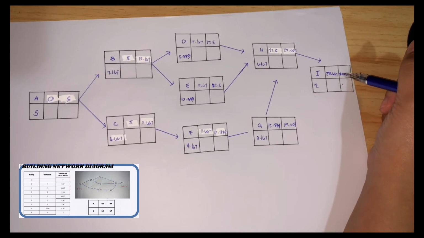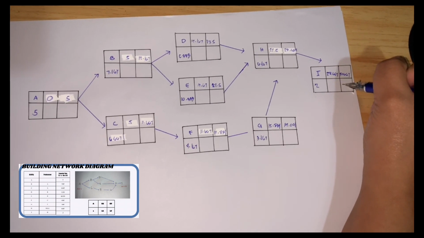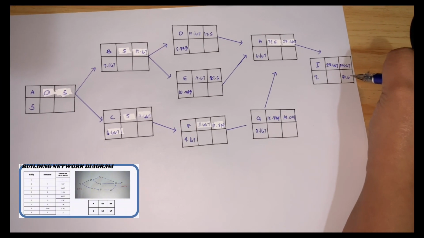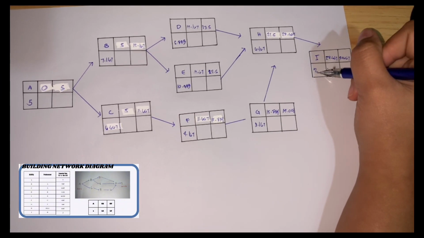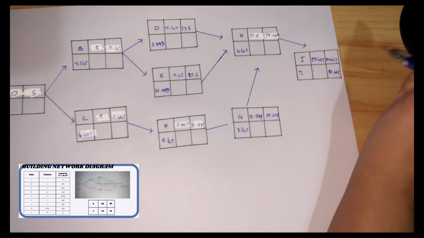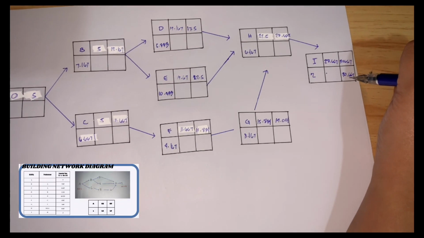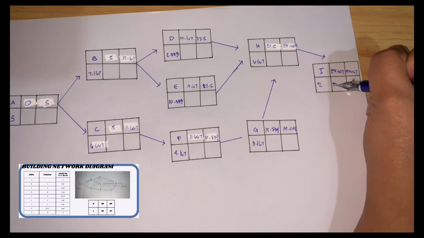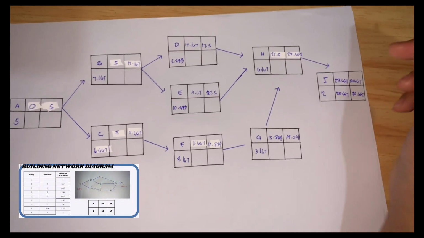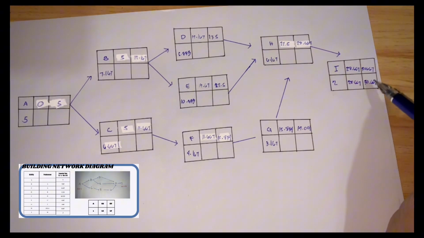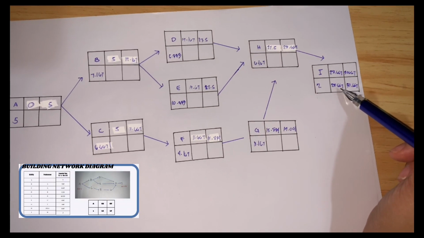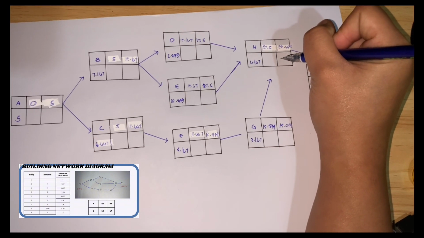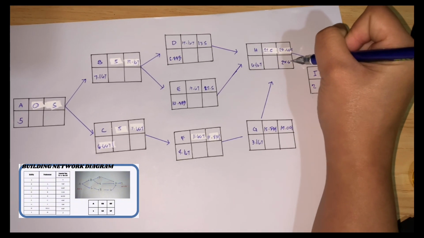And now we will compute the backward pass. Since this is the finish, our LF will be 30.667. Then we subtract the expected time, which is 2. So 30.667 minus 2 is equal to 28.667. And then in the backward pass, the LF of H is 28.667.